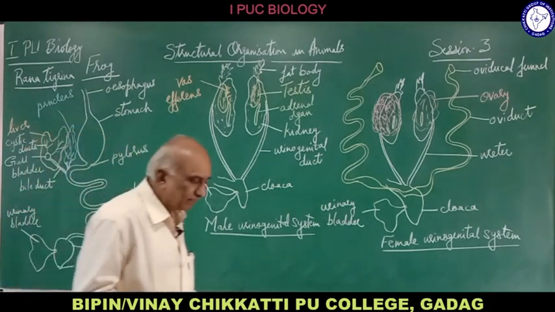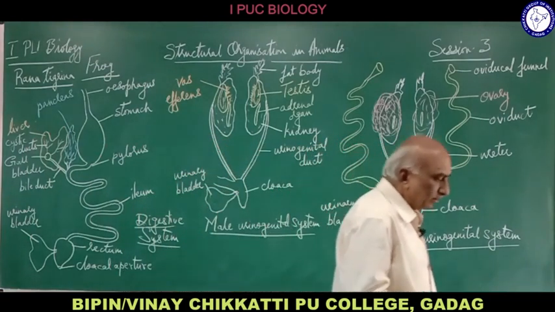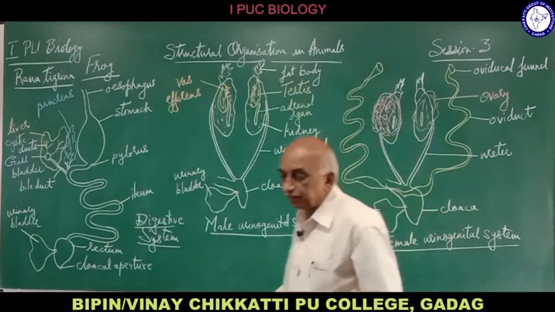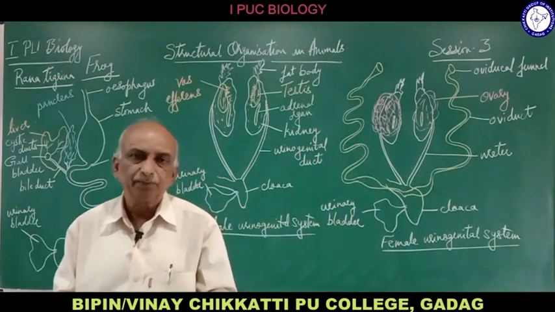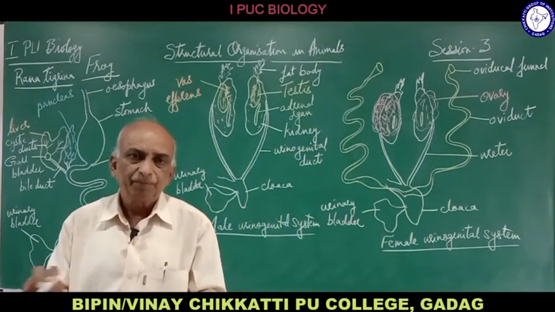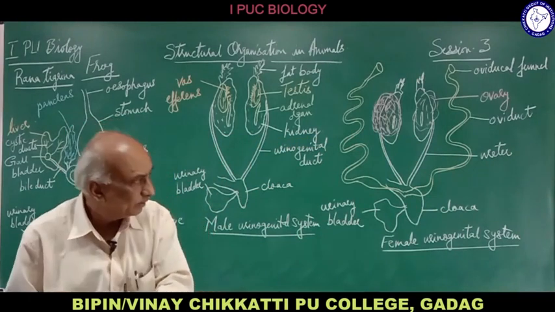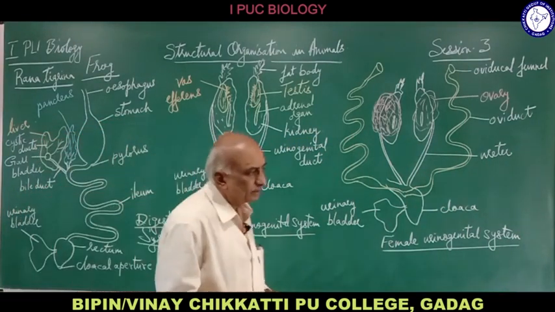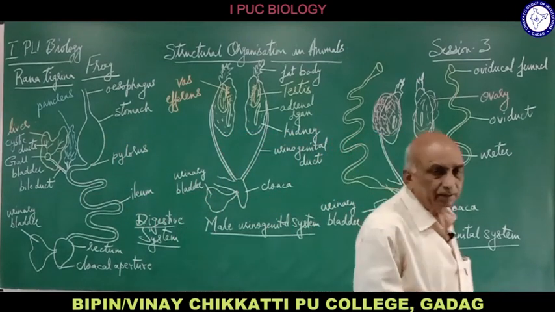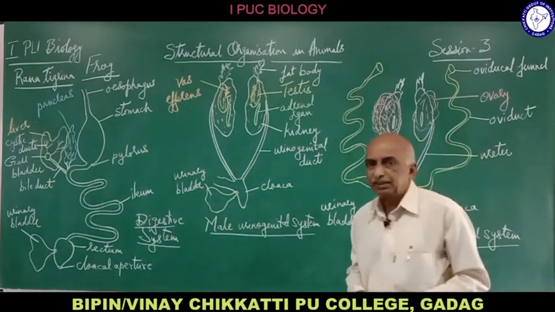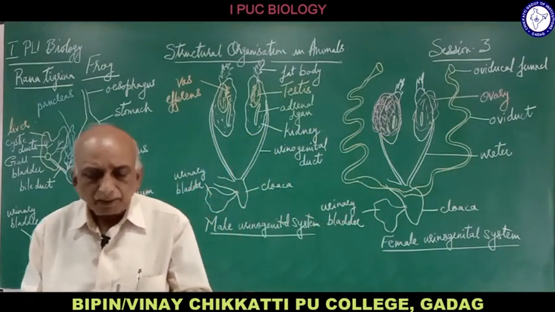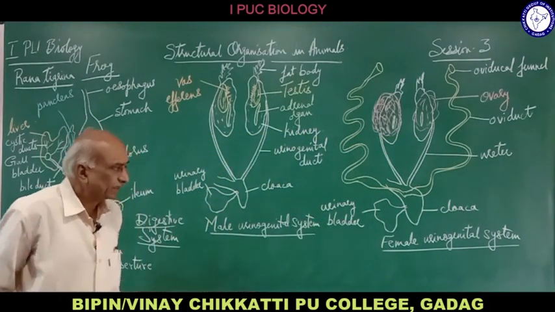But in the human being, when we compare, there are 12 pairs of cranial nerves and about 31 pairs of spinal nerves. The autonomous nervous system, which is a part of the peripheral nervous system, constitutes the sympathetic and parasympathetic nervous systems.